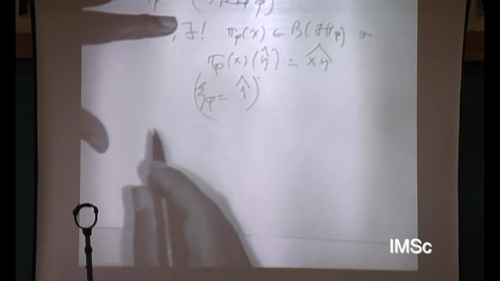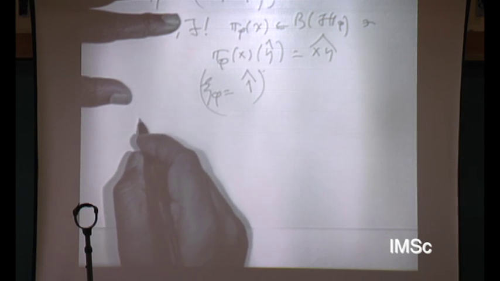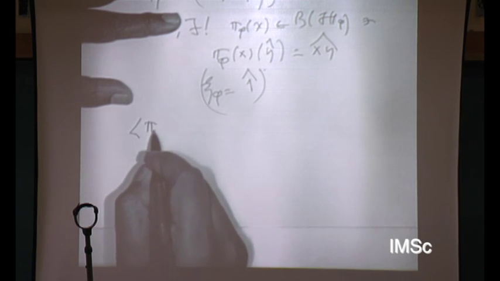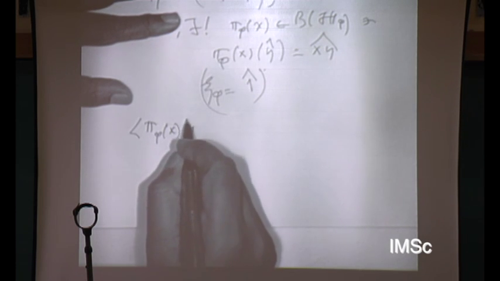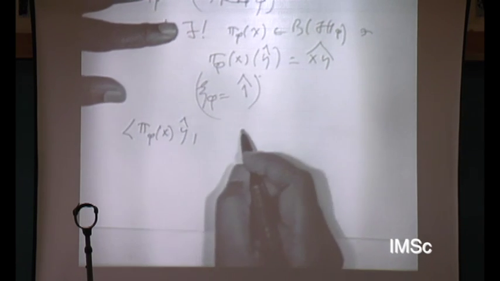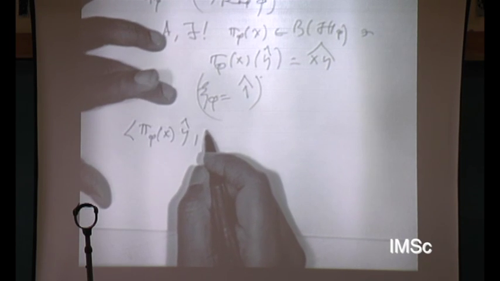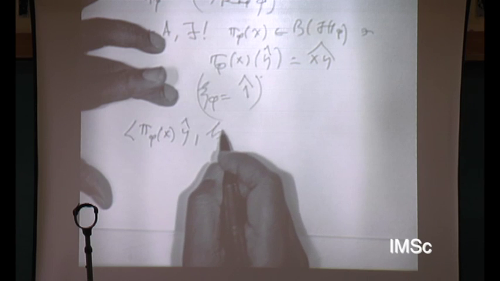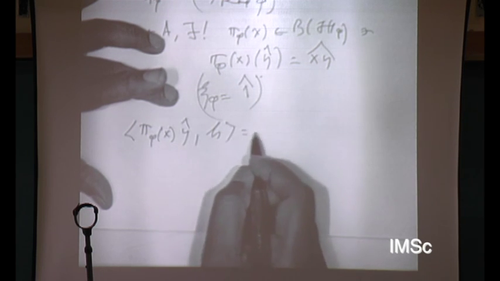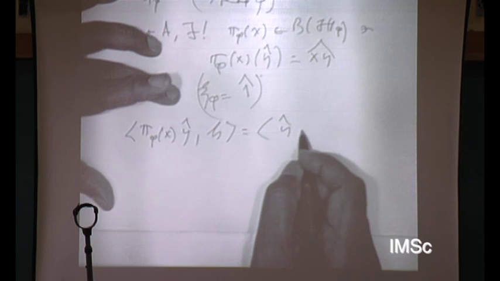So what should I check? So I should check that pi phi x of y hat, of any zeta, is equal to y hat.